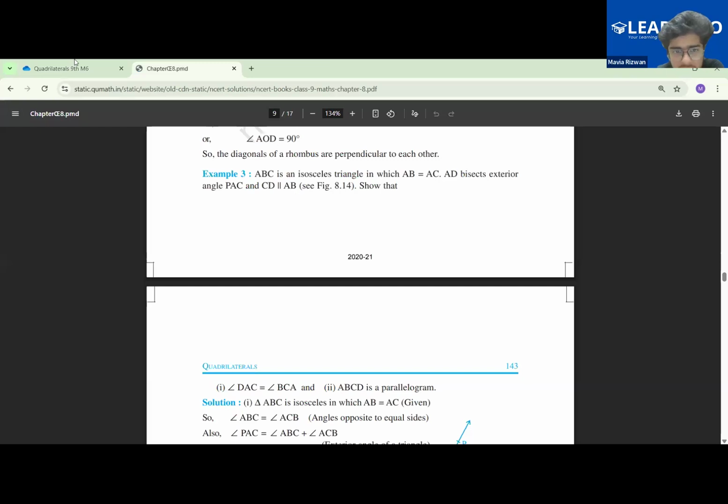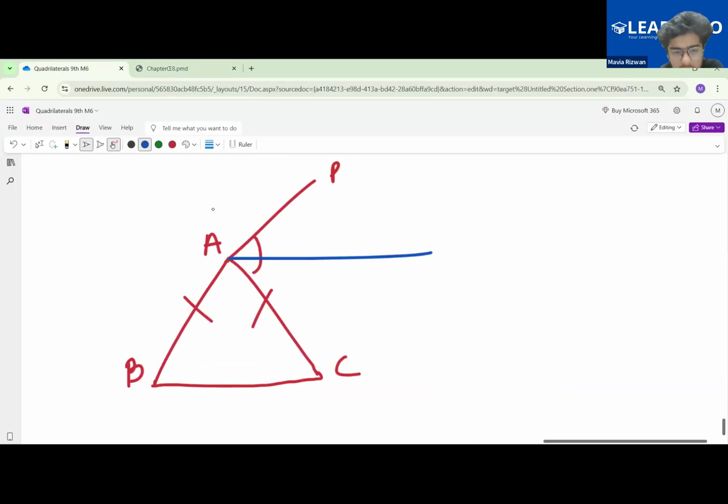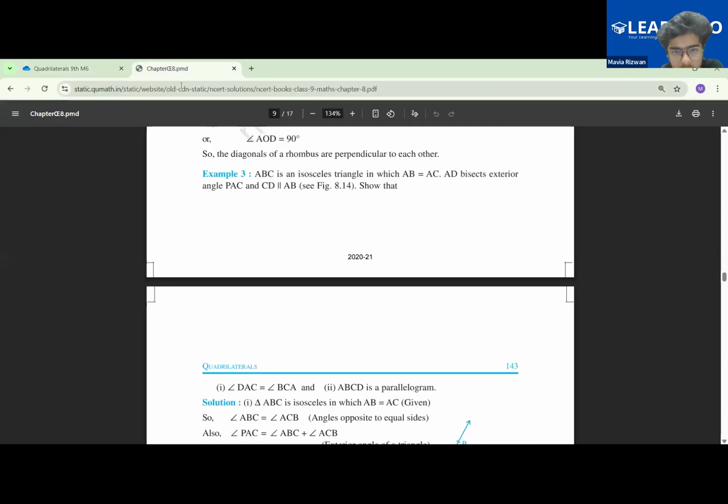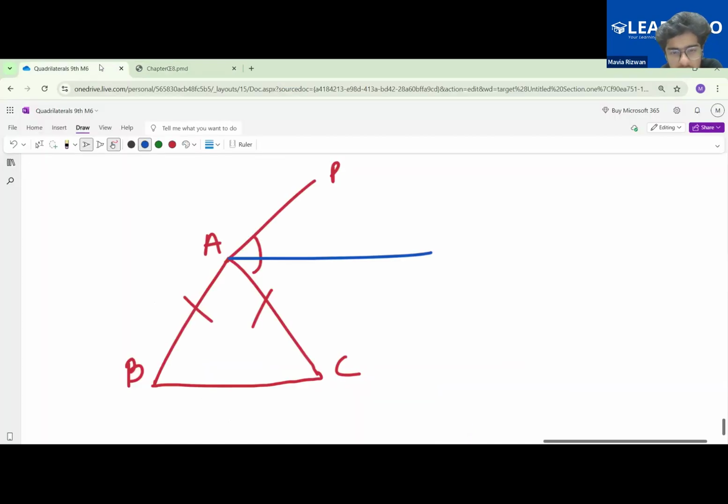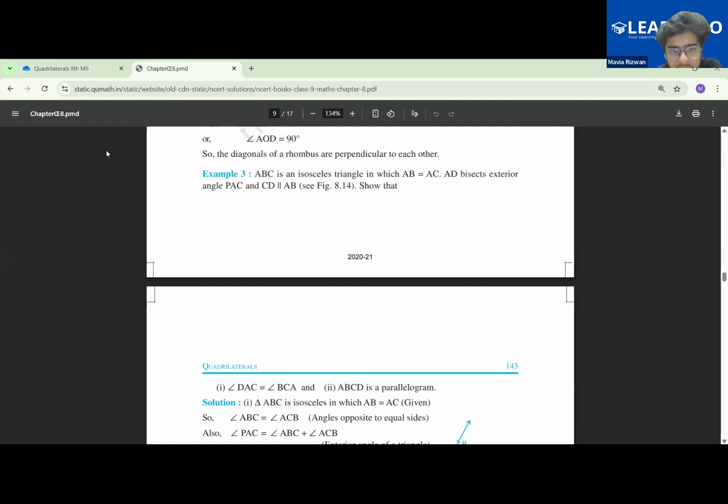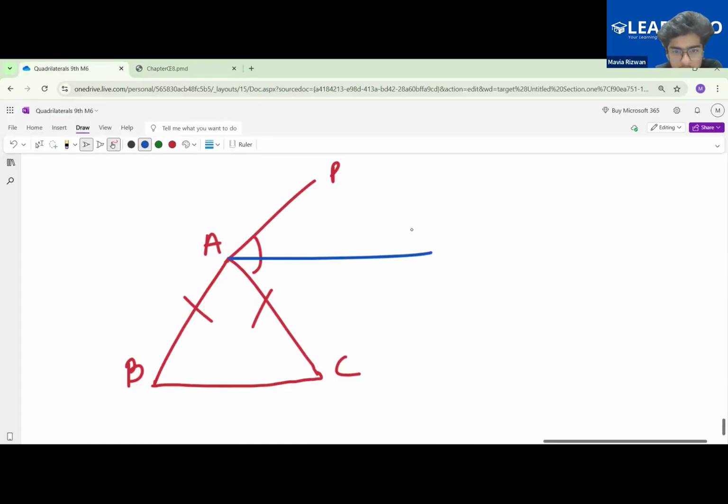Angle PAC, and CD is parallel to AB. Okay. And let's say D we have. So this point D, consider the point to be here.